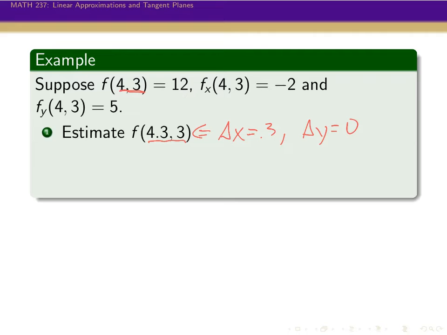What's going to tell us how we expect that to change the value of the function? Well, the partial derivative in terms of x tells us about the change in the function per the change in x, right?